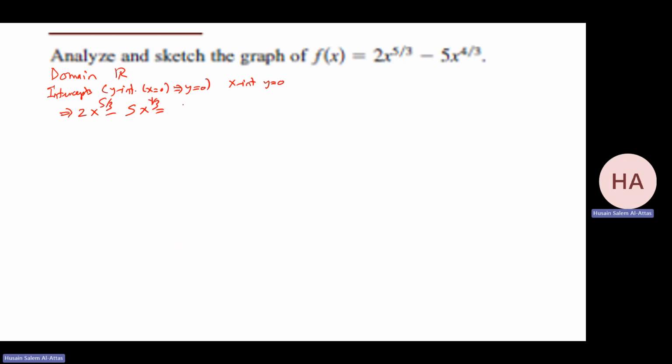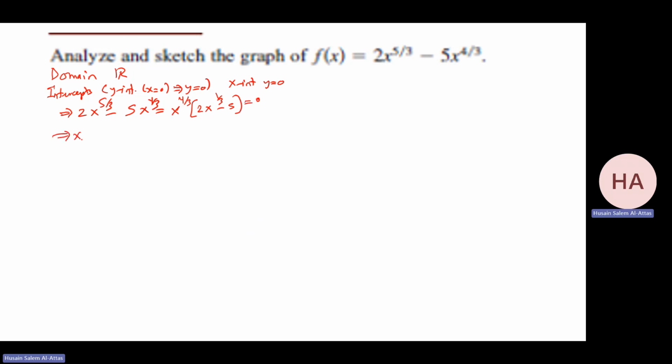And that will give you x to the power 4 over 3 times (2x^(1/3) minus 5). Okay, make it equal to 0.